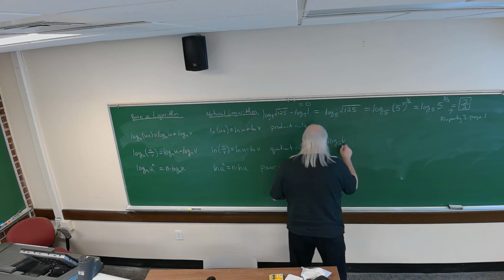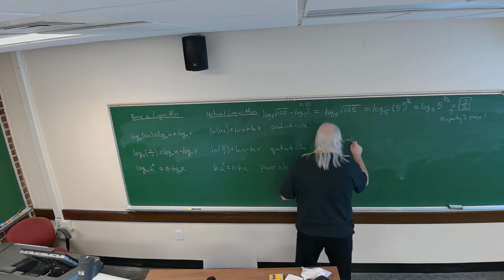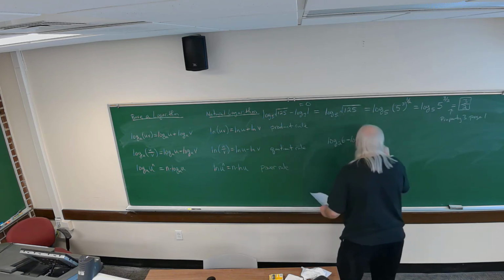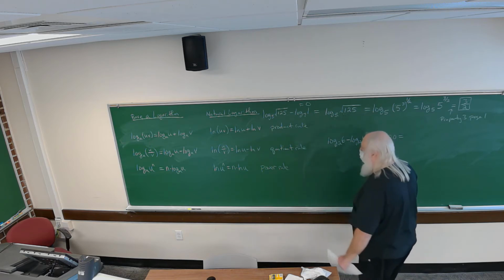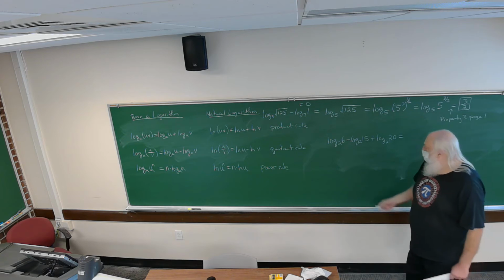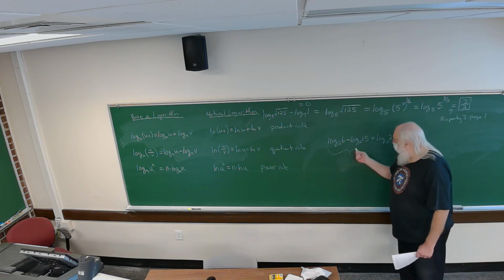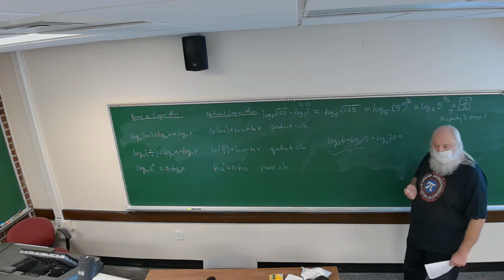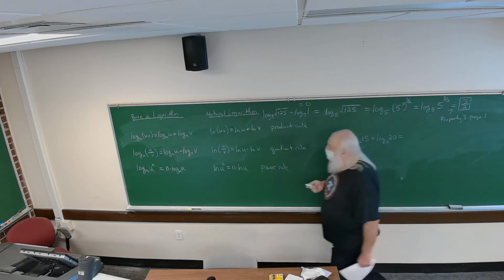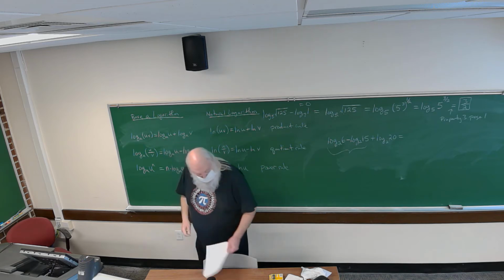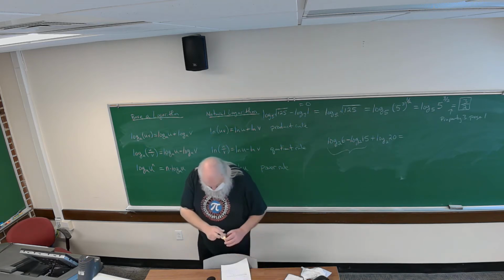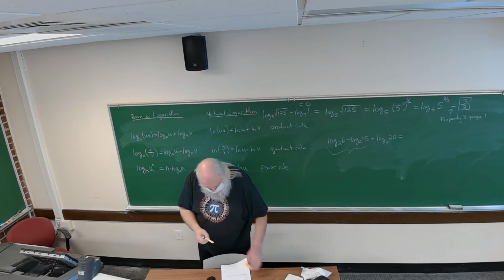All right, in D, we have log base 2 of 6 minus log base 2 of 15 plus log base 2 of 20. Well, here we have a difference of two logs in the same base, so we can apply the quotient rule in reverse. In these rules, we can switch the left and right-hand sides.